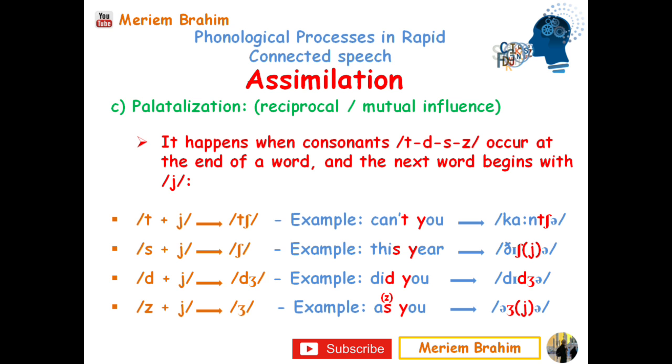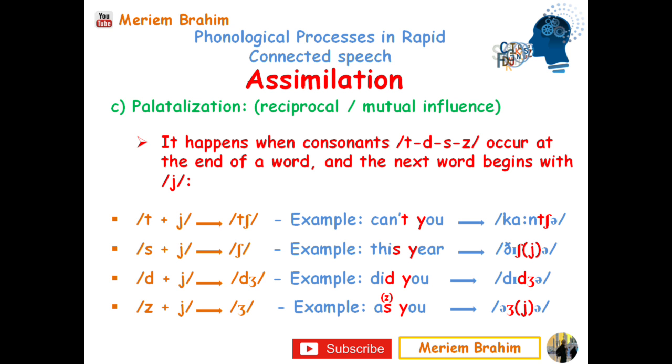That's why we call it reciprocal or mutual influence. Palatalization happens when the consonants t, d, s or z occur at the end of a word and the next word begins with y.